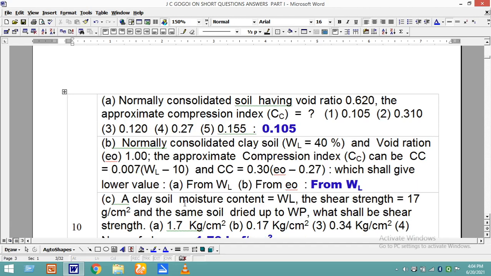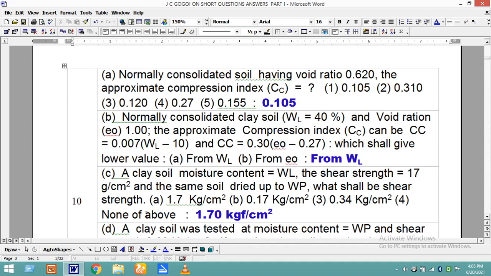A clay at moisture content WL has a shear strength equal to 17 gram per centimeter square, and the same soil is dried up to WP, the plastic limit. WL means liquid limit. What shall be the shear strength? Given answers are 1.7 kg per cm square, 0.17 kg per cm square, 0.34 kg per cm square, none of this.